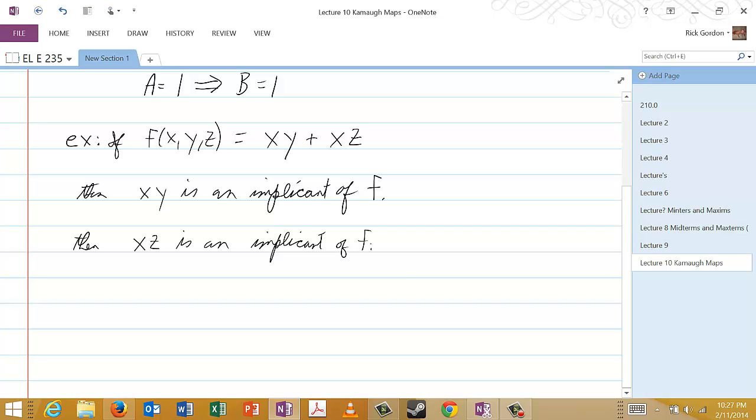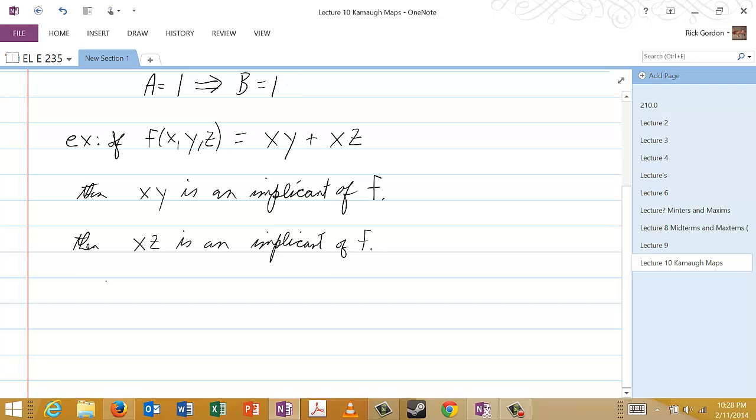The reasoning is the same there, because if this term xz is equal to 1, we don't care what the other term is equal to, whether 0 or 1, f will still be equal to 1. So if we think of xz as playing the role of A, if xz is equal to 1, then f is equal to 1. And so we see that xz is an implicant of f.